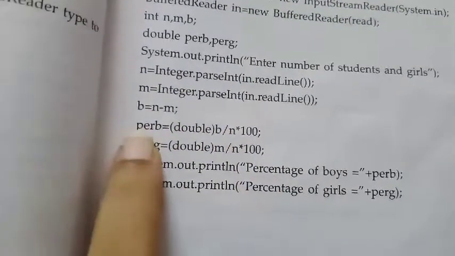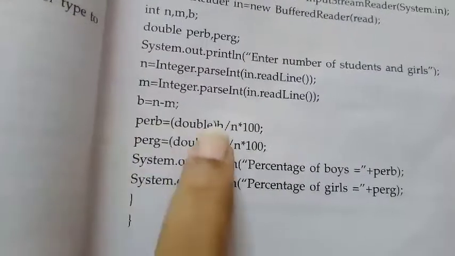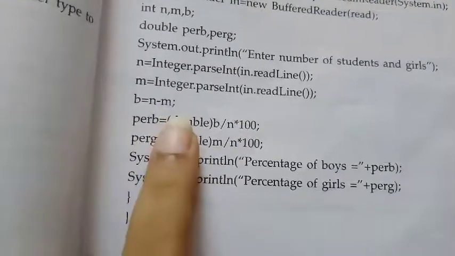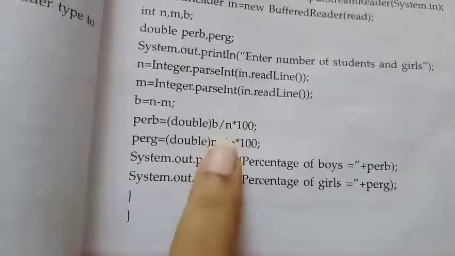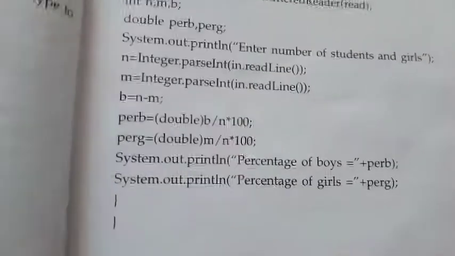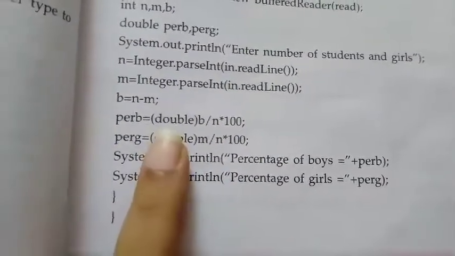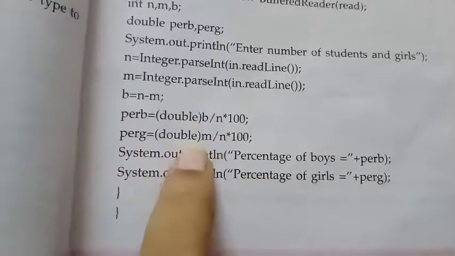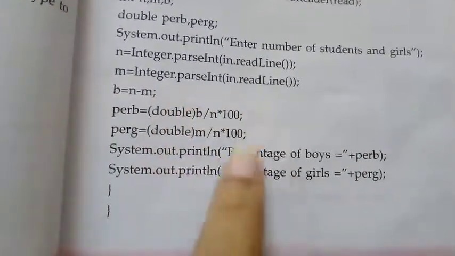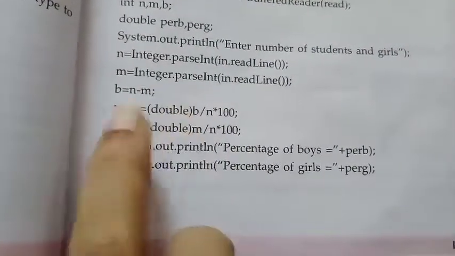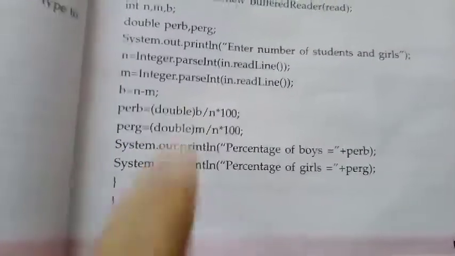If you just give percentage equal to B by n into 100, it will save your value as an integer only. If you have a fraction, it will just convert it into a nearby whole number and save it like that. To avoid that, we are converting it into a double and saving it, otherwise it may show a mismatch. That's the reason we are typecasting it using this double.